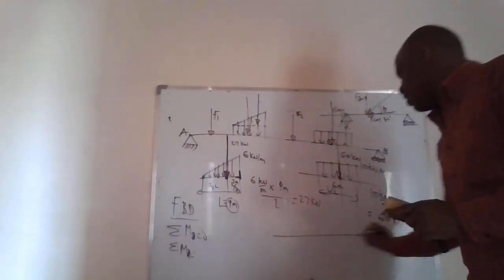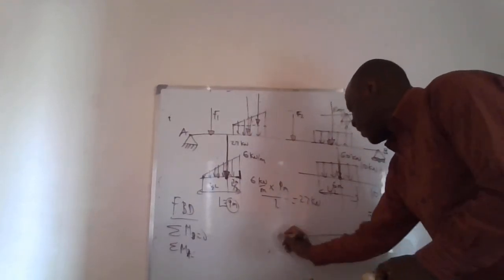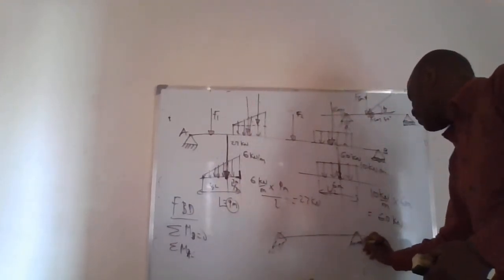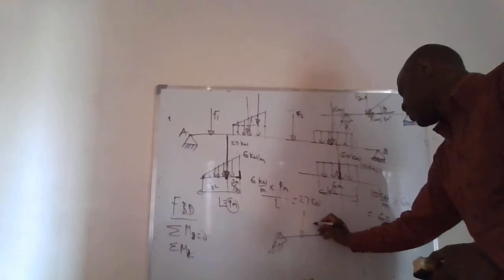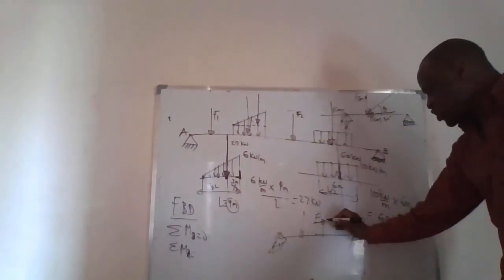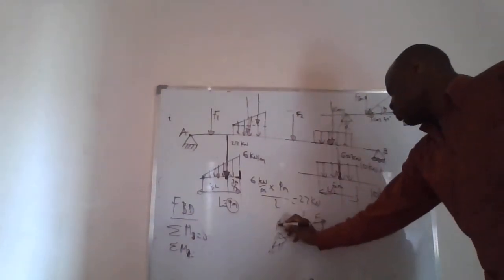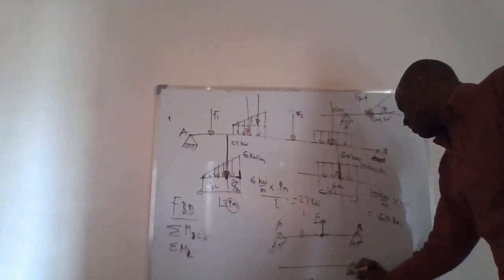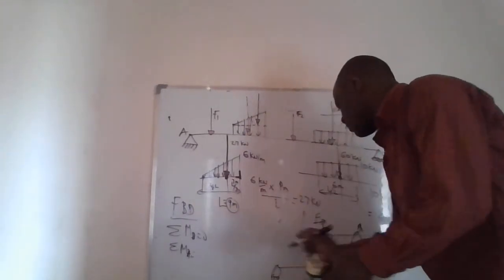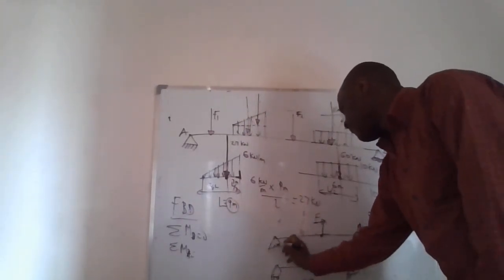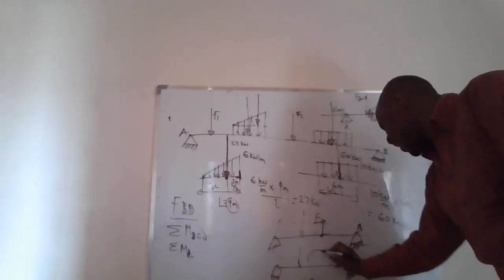We need also to remember, whenever we have an applied moment, an applied moment can be represented like this: a force acting on a vertical member of the beam, or else it can also be represented like this.